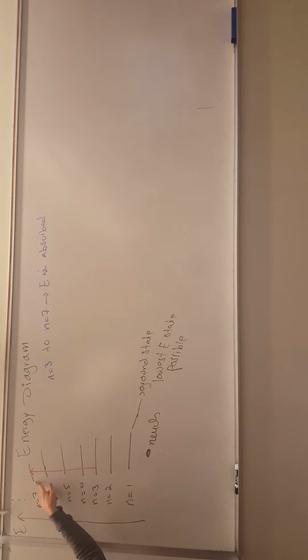Now this photon that's in energy level 7 has a very high energy. It's not all that stable. As long as I keep the source of energy, as long as I keep bombarding this photon and give it enough energy, it stays in energy level 7.